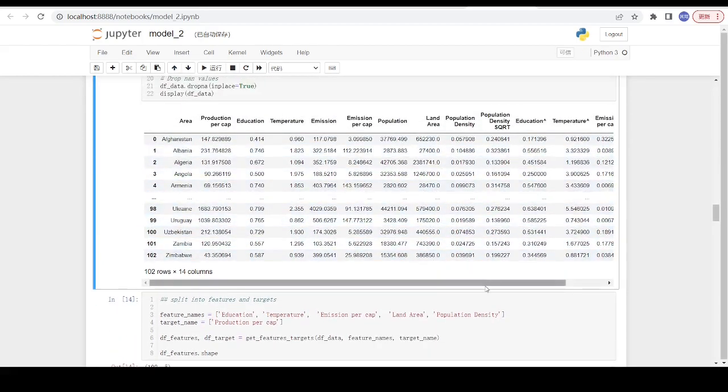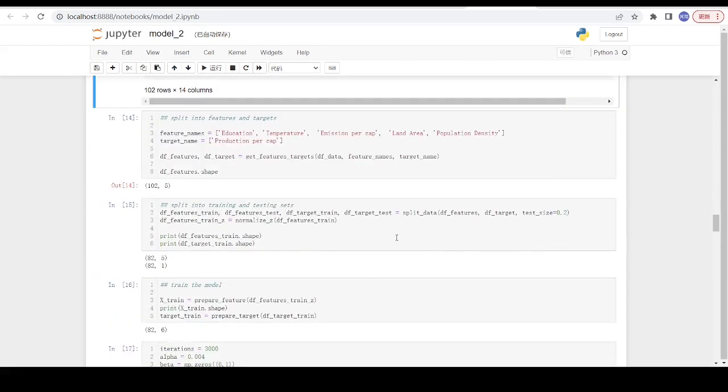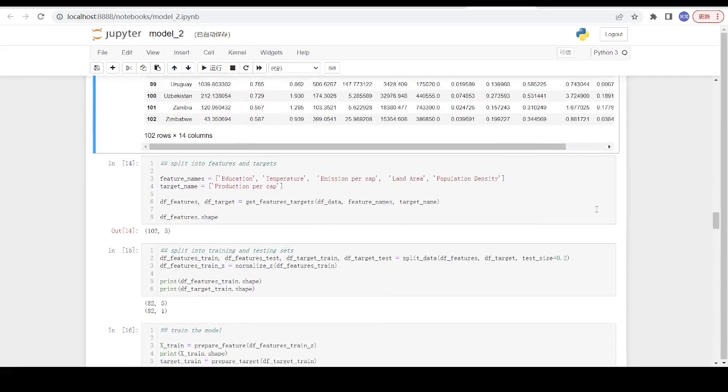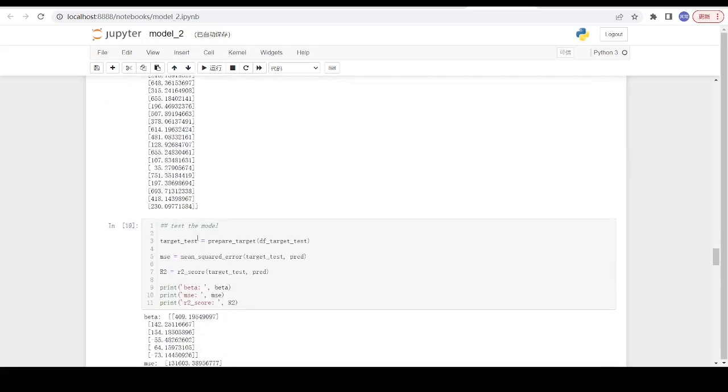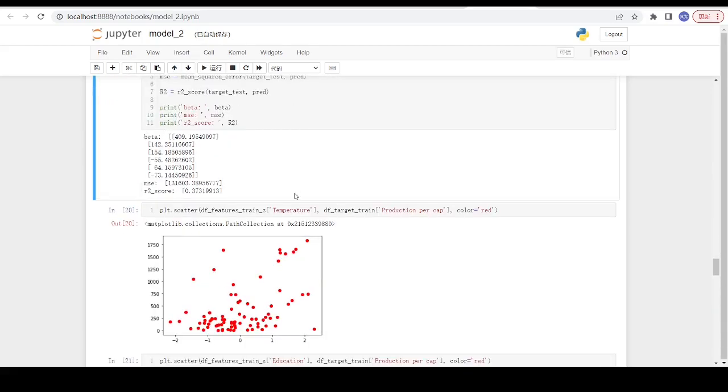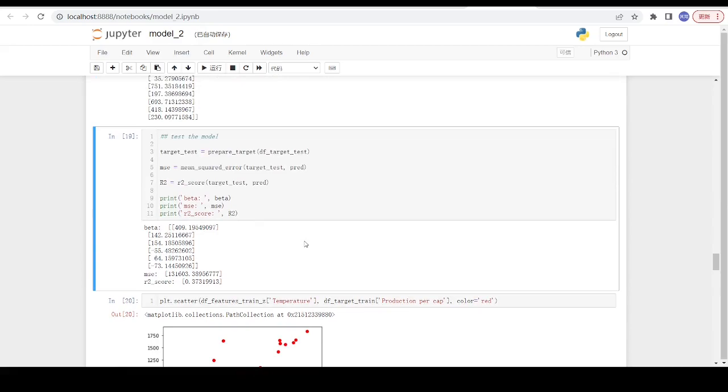This is our data frame. And then in our first model, we just choose the education, temperature, emission per capita, land area, and population density without any modification. And then this is our result. We can see from the result that education, temperature, and land area have a positive impact on the production, but emission and population density have negative impacts.